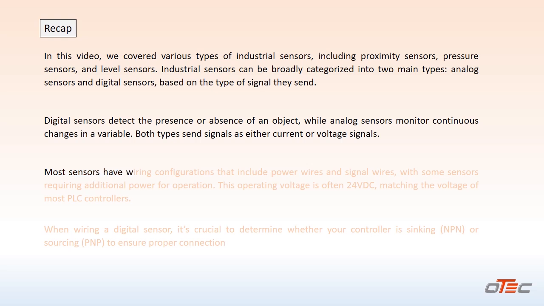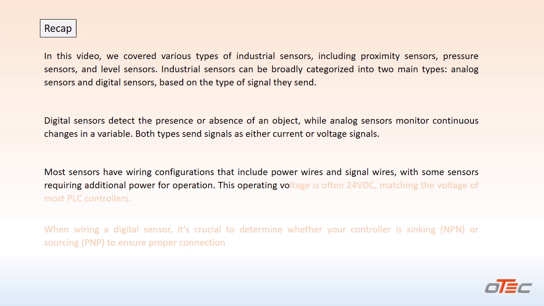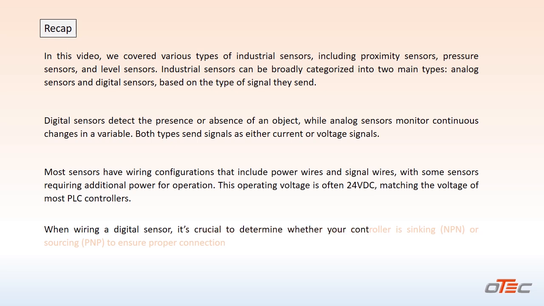Most sensors have wiring configurations that include power wires and signal wires, with some sensors requiring additional power for operation. This operating voltage is often 24 DC volt, matching the voltage of most PLC controllers. When wiring a digital sensor, it's crucial to determine whether your controller is syncing NPN or sourcing PNP to ensure proper connection.